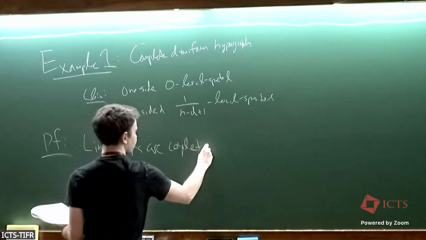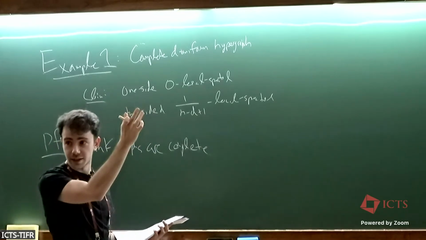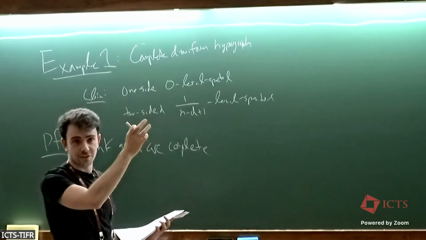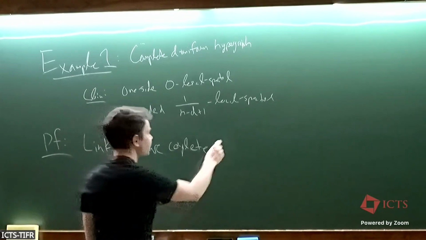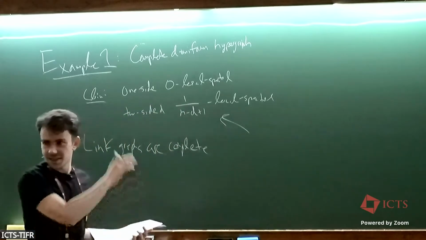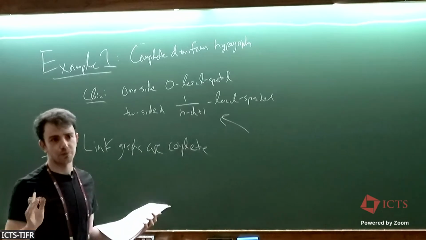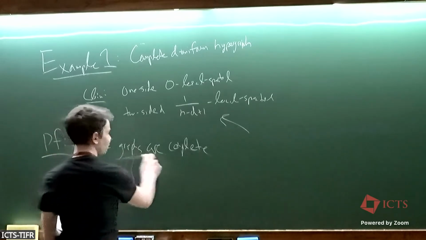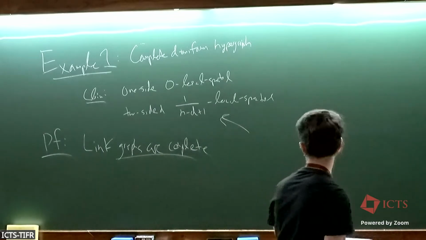And in particular, the top links, when I fix d minus 2 guys and I look at their skeleton, that's a complete graph on n minus d plus 2 vertices. This is coming from the worst case expansion of the complete graph on n minus d plus 2 vertices. So links are complete. That'll be the full proof we give of this. Okay, so that's example one.